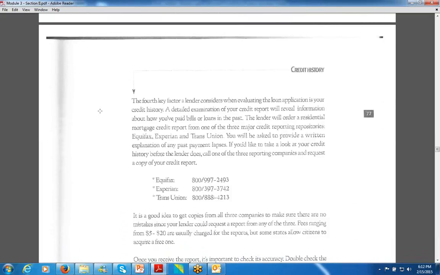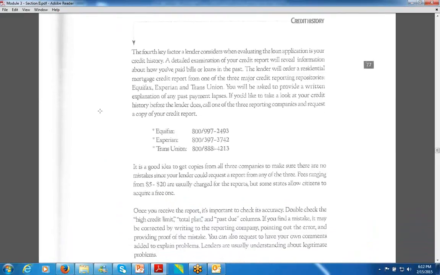Okay. The credit history, we talked about that ad nauseam. The 3 primary credit bureaus, the contact information, you can also contact them online. If you have a credit dispute, you can send it in the mail. You can go online and submit and upload it.